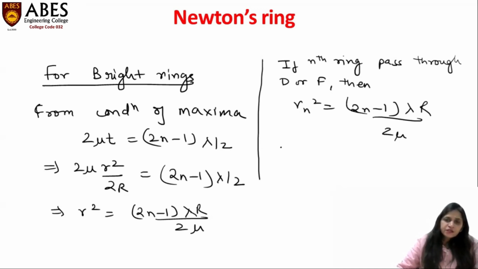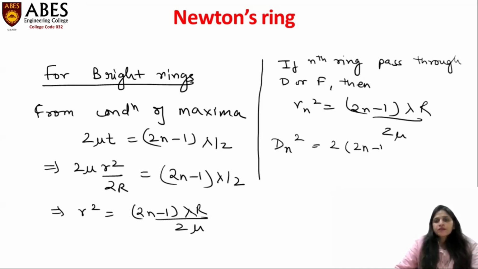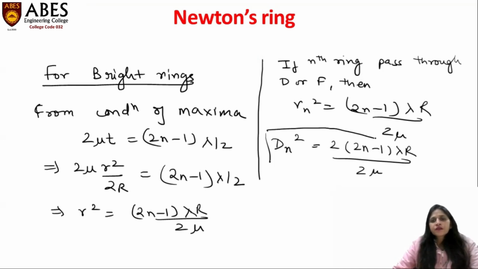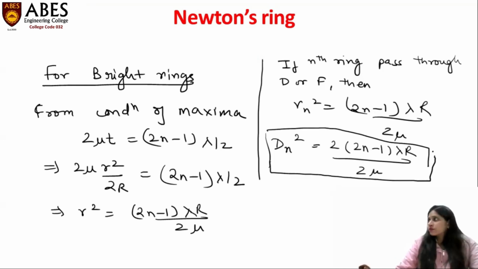So diameter Dn square is equal to 2 into 2n minus 1 lambda R upon 2 mu. From here we got the equation for the diameter of the bright ring.